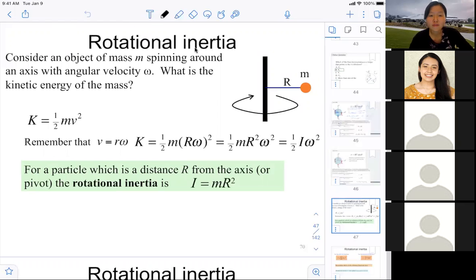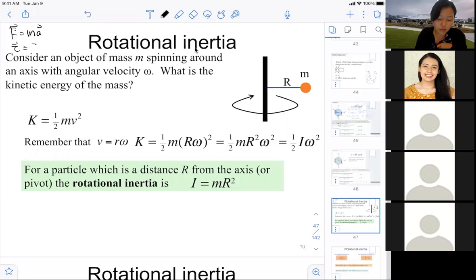Okay, so we're going to talk about Newton's second law for rotation, right? And we said the Newton's second law for translation, let's recall what that is: F equals ma. Force is equal to mass times acceleration. And in rotation, force becomes torque, and we talked about how to calculate torque, right?